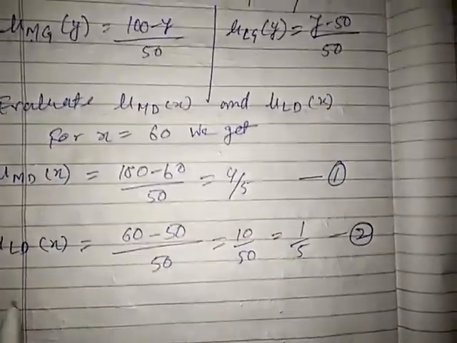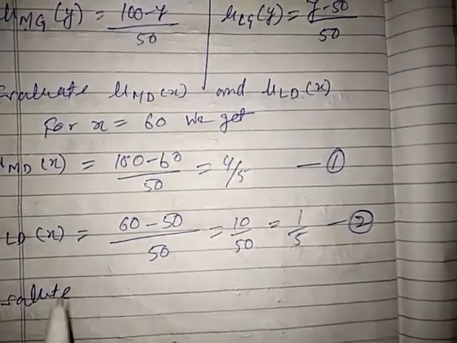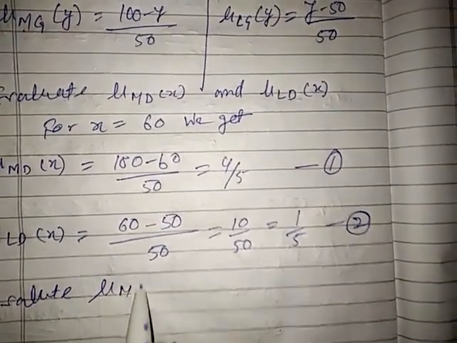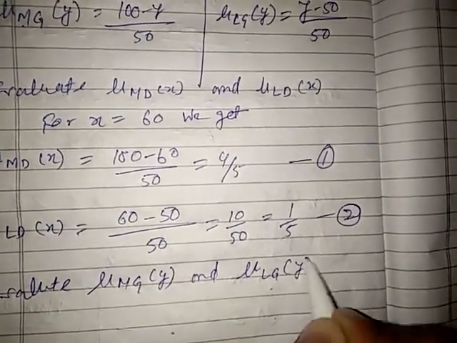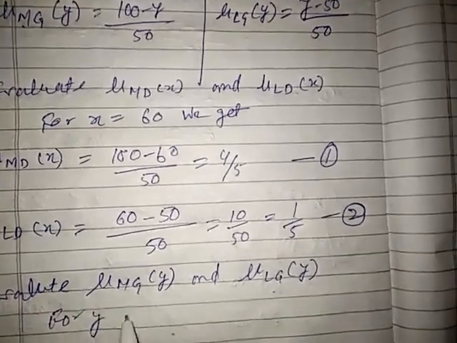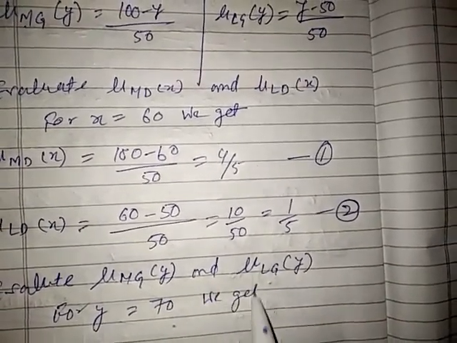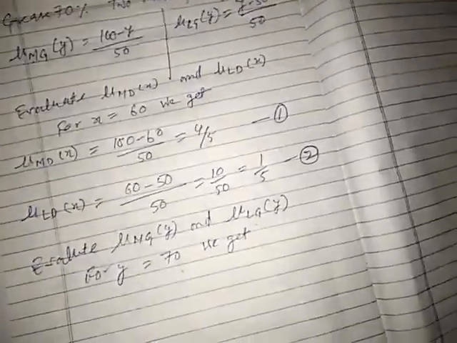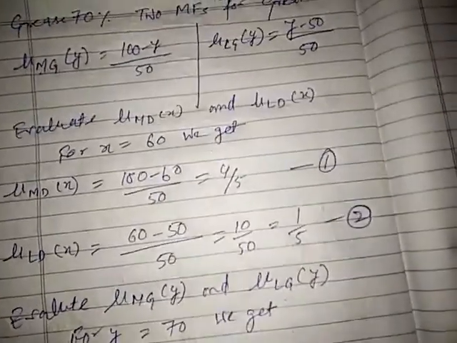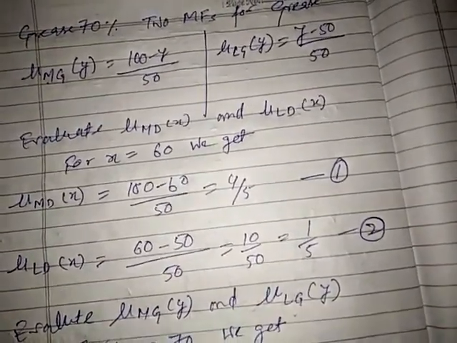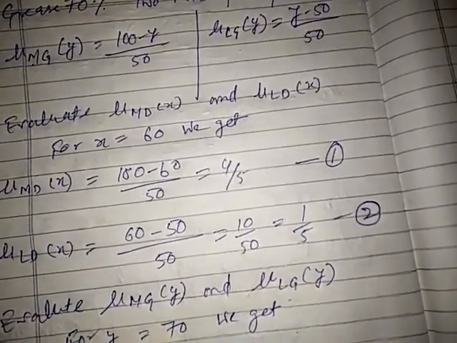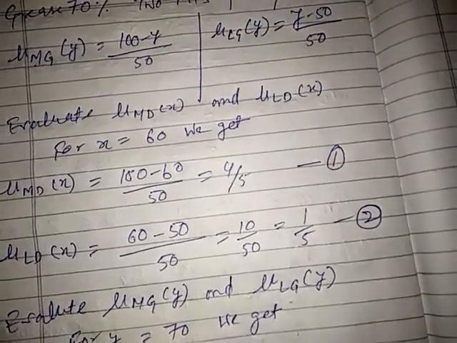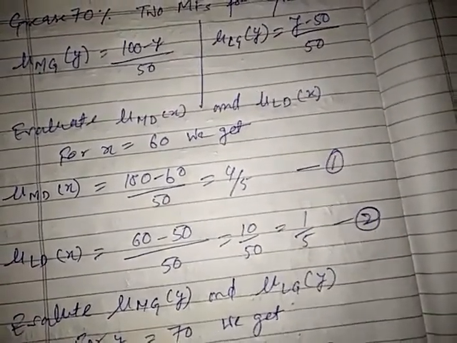And the same way, we evaluate mu medium grease(y) and mu large grease(y) for y equal to 70. We get the value of mu medium grease(y) equal to (100 minus 70) divided by 50, that is equal to 30 divided by 50, that is equal to 3.5.